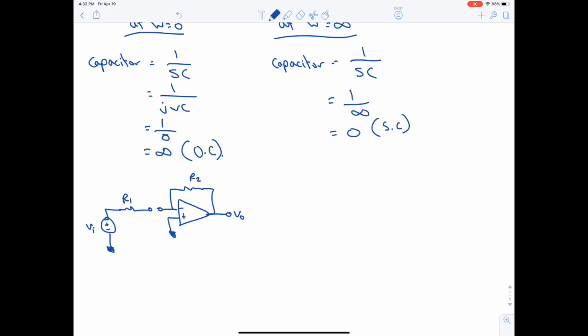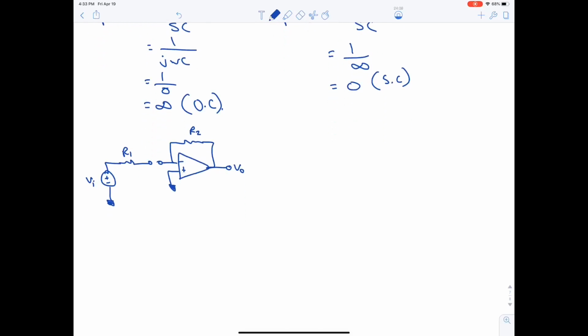So what is the output now? This value is 0. If this is 0, then this is 0. There's no current, so R2 is useless, it's as if it's a short circuit, and then the output is also 0. If V output is 0, then V output over V input is also 0.